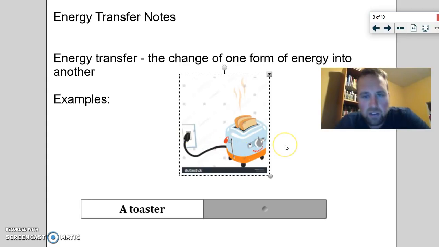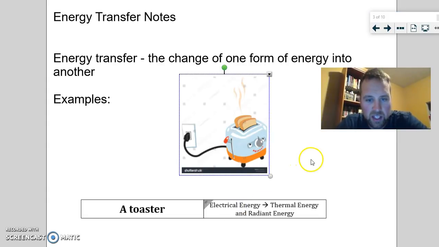Think about if you've ever seen a toaster, which I hope you have, you can see those wires that get really, really red, and you can also feel some heat. So the type of energy transfer here is this. It's electrical energy from the wall outlet, and then once it gets in the toaster, it turns into heat, which is thermal, and radiant, which we can see. So fill this in your notes right now.